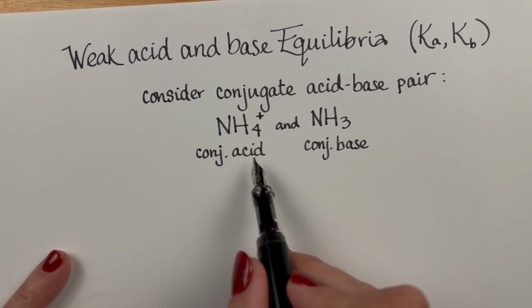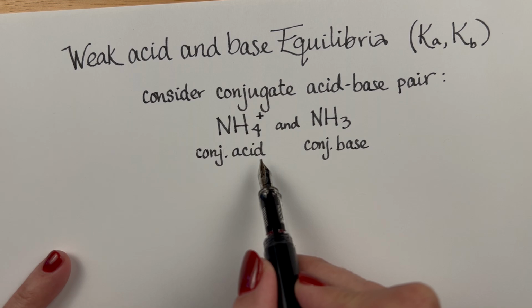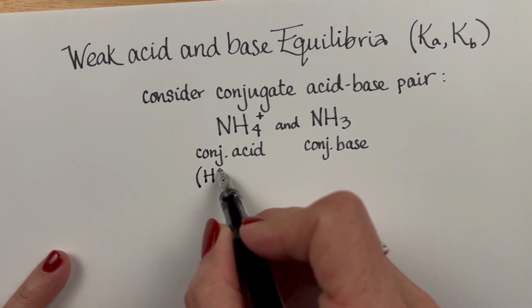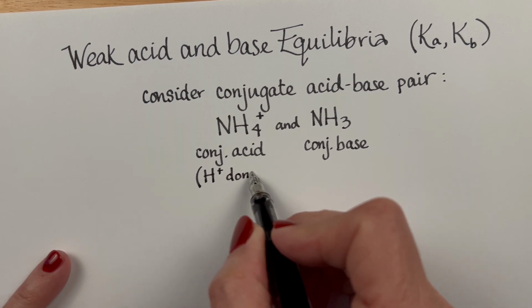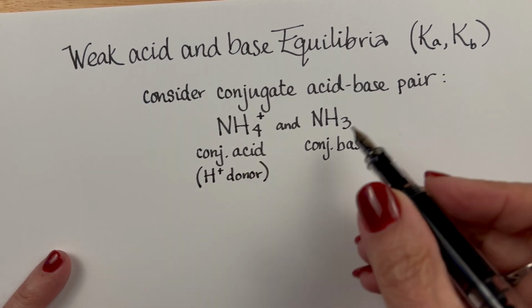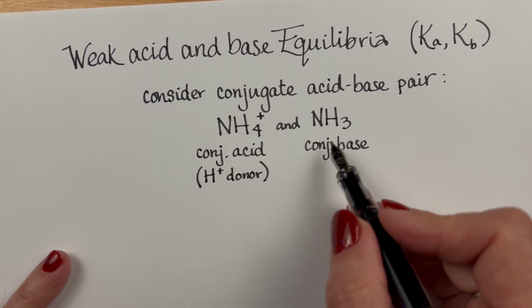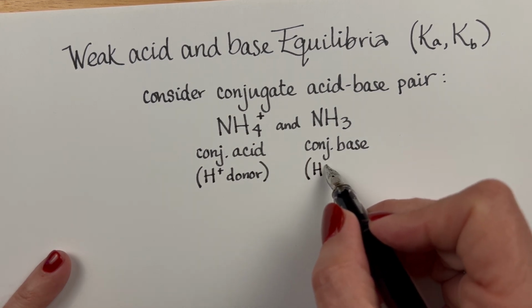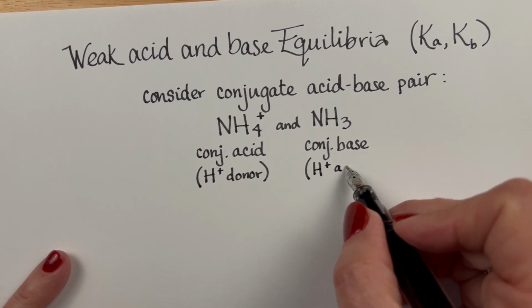We say here it's an acid. What does that mean? That means it is a hydrogen ion donor. Conjugate base. Bronsted-Lowry theory says that this is an H plus acceptor.